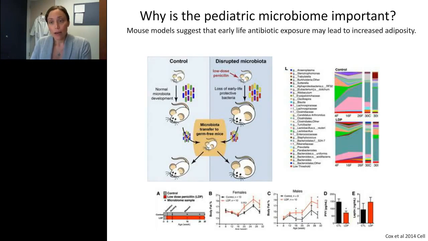We know that the animal models also suggest that early life antibiotic exposure and modulation of the microbiome can lead to increased risk for obesity and adiposity. Work out of Marty Blaser's lab in New York and work performed by Laura Cox and others suggests that chronic early life antibiotic exposure can lead to a disrupted microbiota and the potential for increased adiposity.